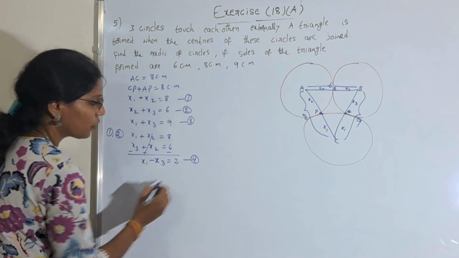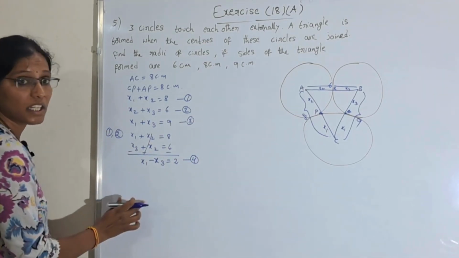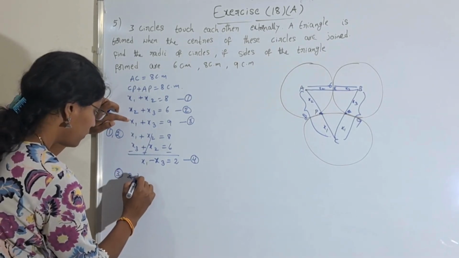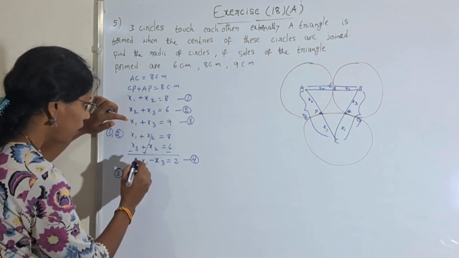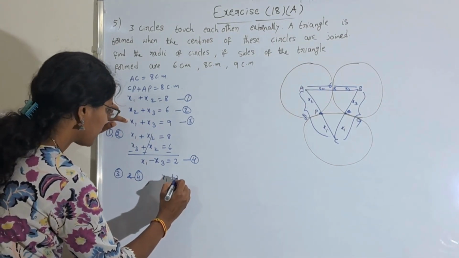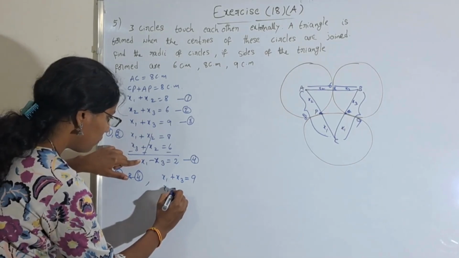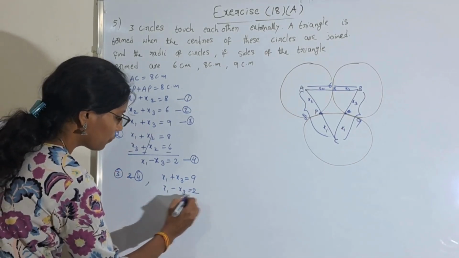This is equation 4. Now we take equation 3 and equation 4 and use the elimination method. x1 plus x3 is equal to 9. Equation 4: x1 minus x3 is equal to 2.